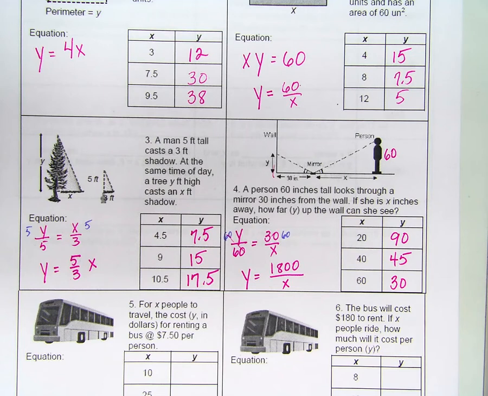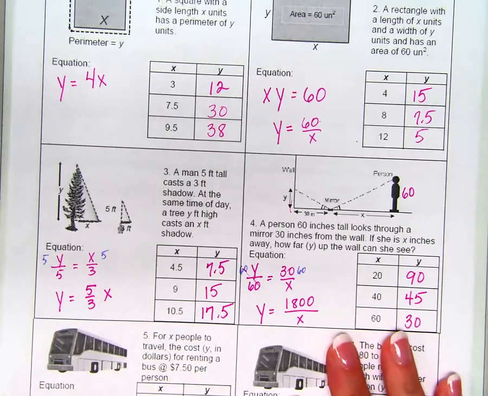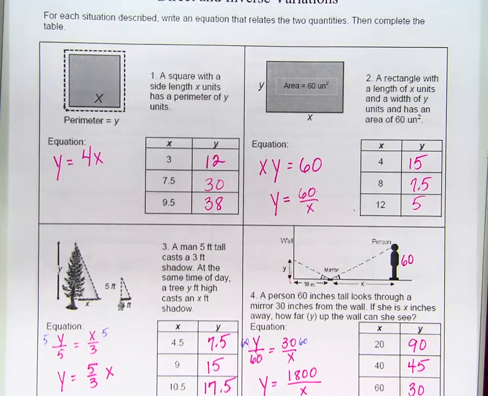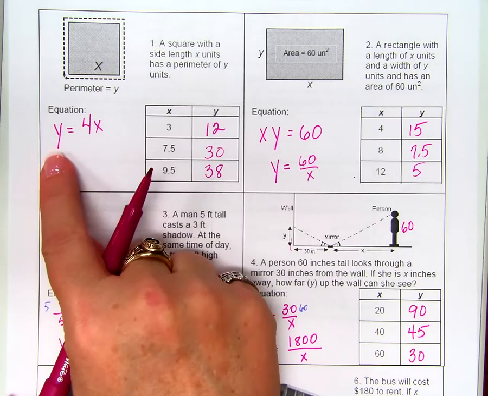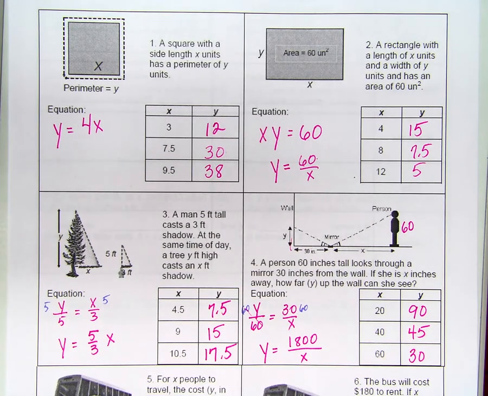All right, so let me ask the question I asked at the beginning again. Have you ever done direct and inverse variations? Have you ever seen an equation that looked like y equals 4x? Yeah, in fact, most of the time it was in Algebra 1 or even in 7th or 8th grade. I think that you even talked about it as direct variation.